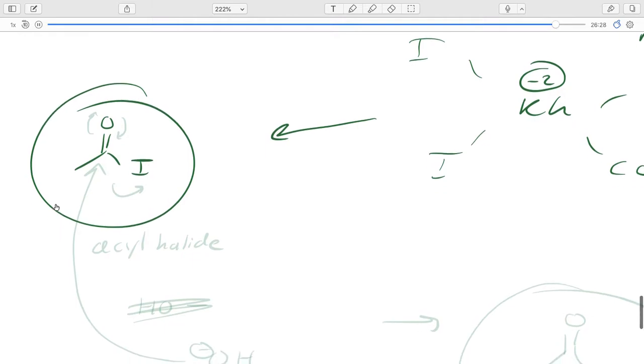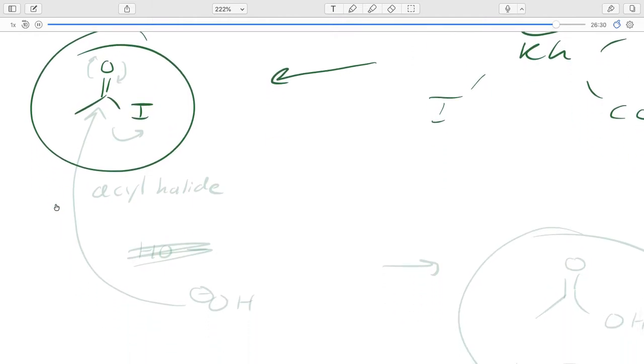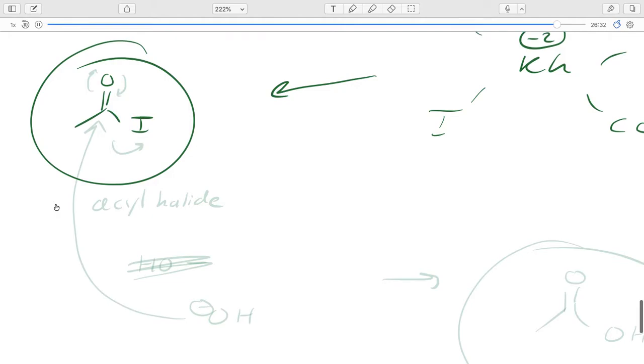Now, what seems familiar about this particular compound? What is this compound? Aha, yeah. Acyl halide, which again is highly reactive, right?